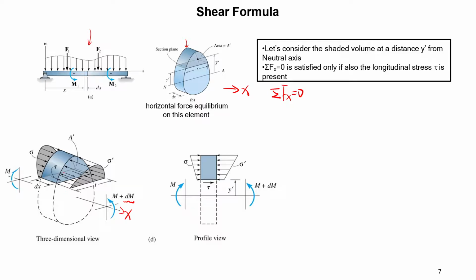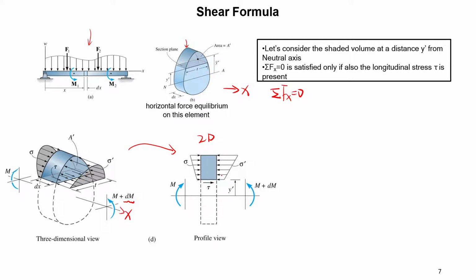This is the three-dimensional figure. It's a bit complicated, so we just need to look at the 2D version in this case. Now we look at it from the side. On the left hand side there's some non-uniform stress generated on that surface.